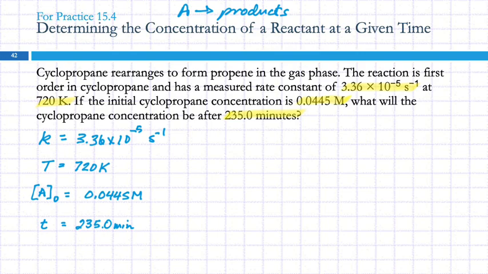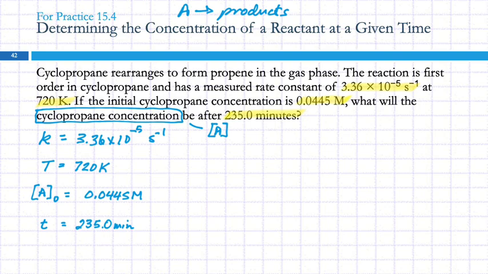We're trying to find the concentration of the cyclopropane at this new time. So this is what we're trying to find, and we're just going to call that A. That is the concentration at whatever time we are looking at. A 0 is when time was 0, at the beginning.